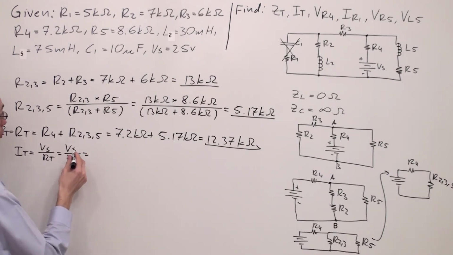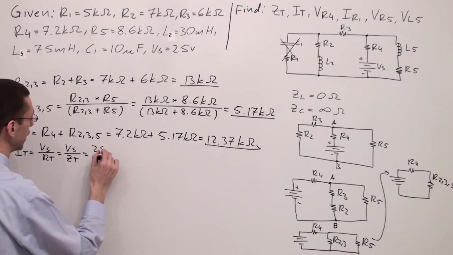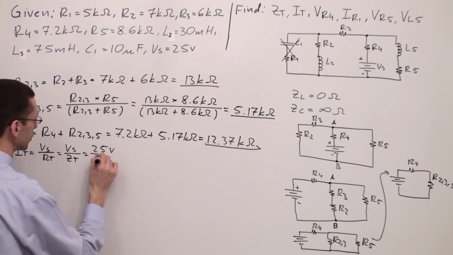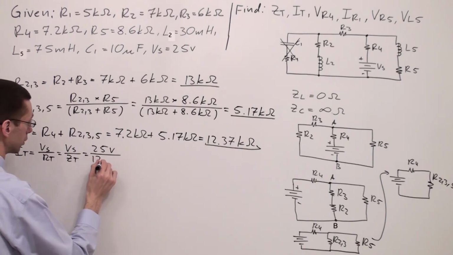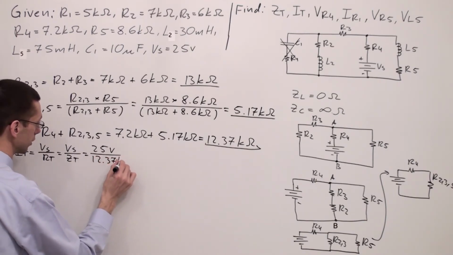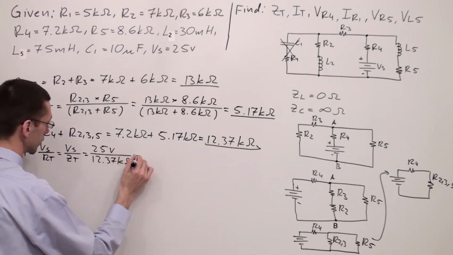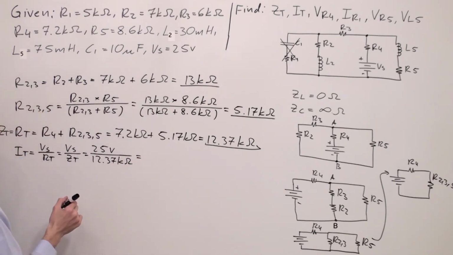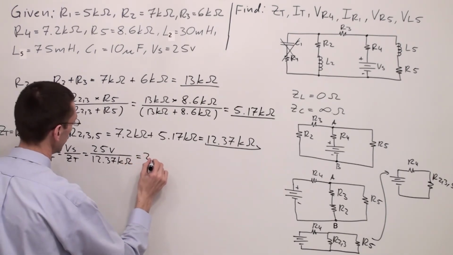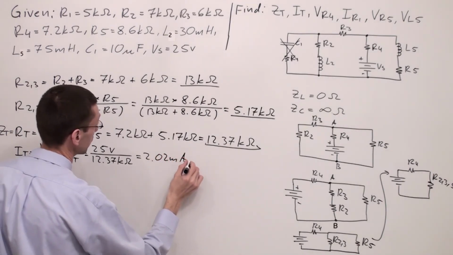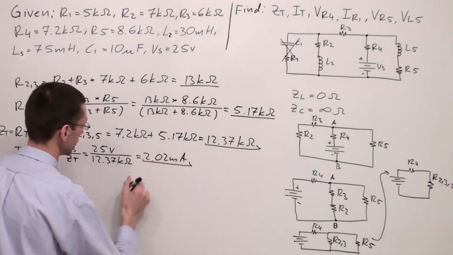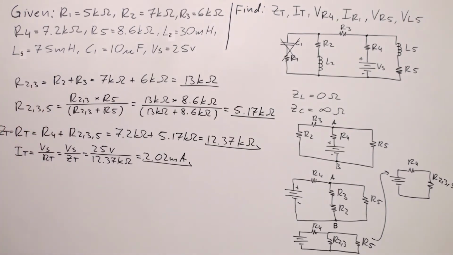So the voltage source is equal to 25 volts over Z total, which is equal to 12.37 kilo ohms. And this is equal to 2.02 milliamps. This is my I total.